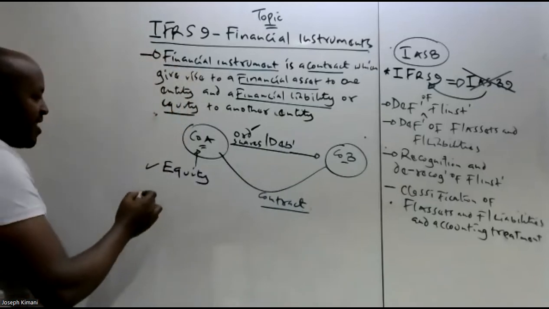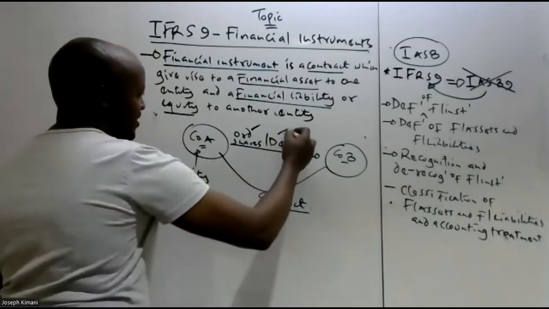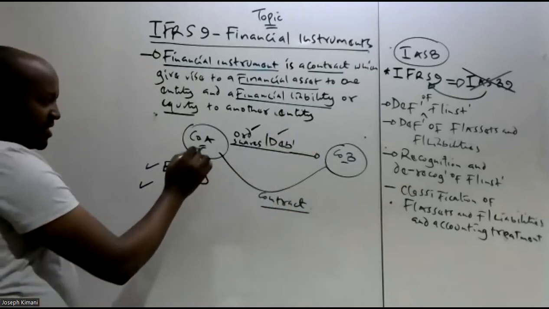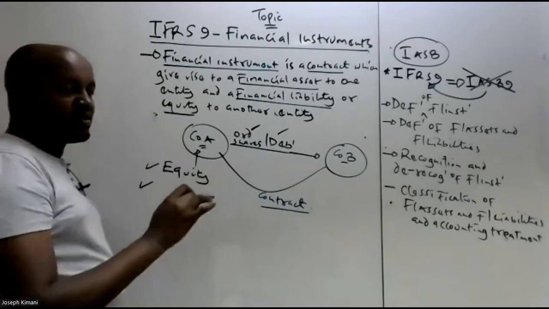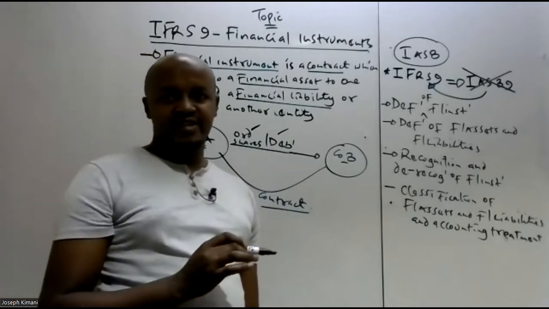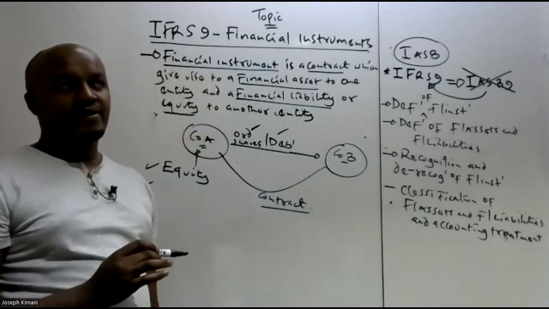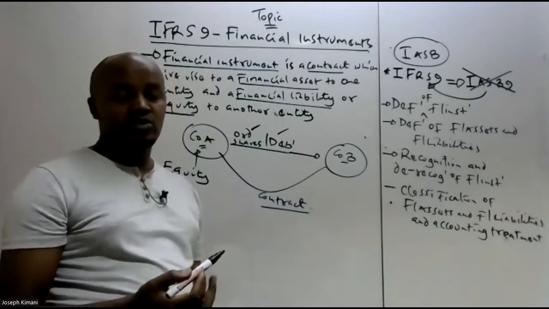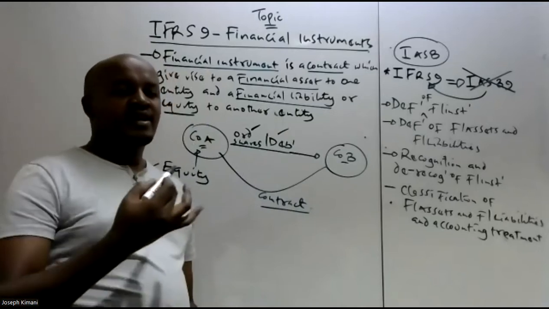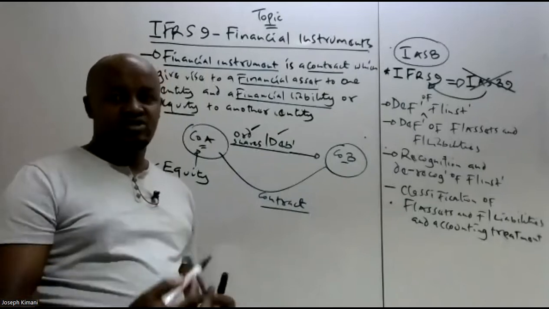On the other hand, if this company issues debentures, then we say that this company has an obligation to pay interest. If, for example, you buy some debentures in a company, or even things like bonds, you have the right to be paid interest.